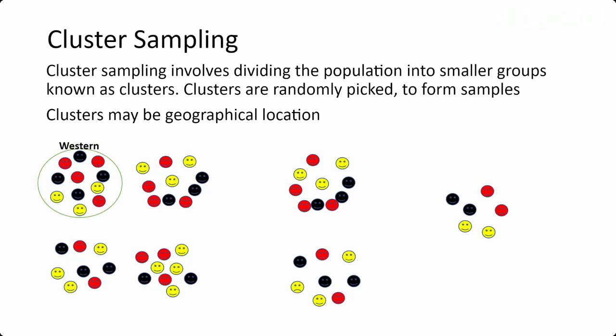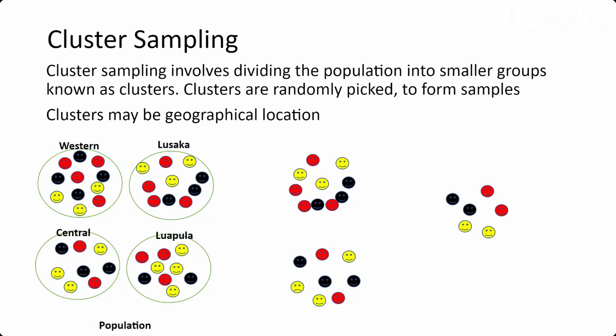maybe from Western Province in Zambia. We have Lusaka Province. Those provinces are from Zambia. Then we have Central Province and Luapula Province. These provinces are clusters. Now, when you are carrying out your sample selection, you cannot cover all the provinces, the entire population target, for example.